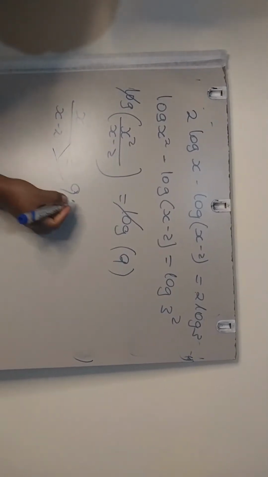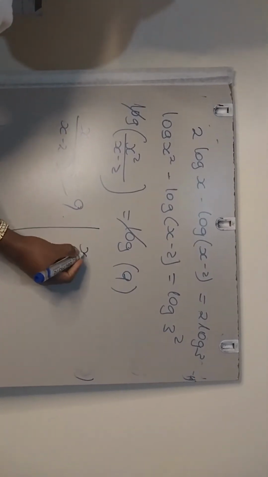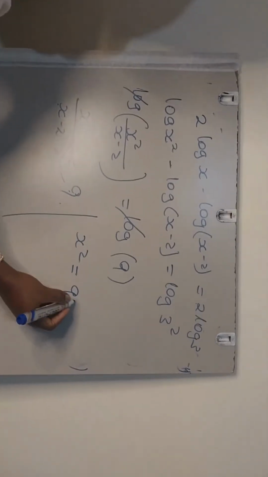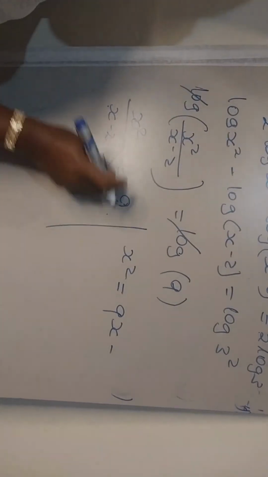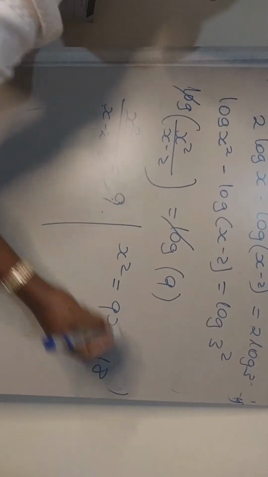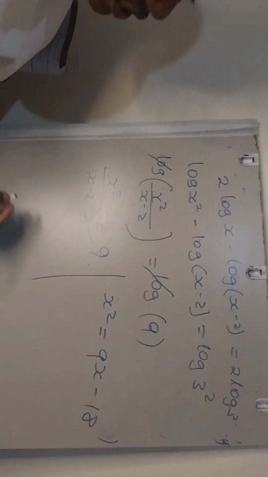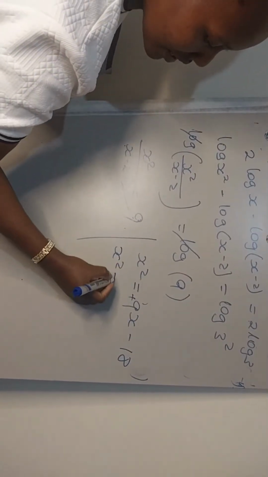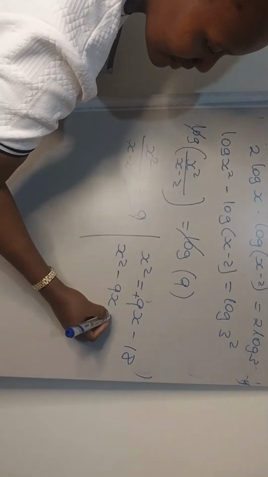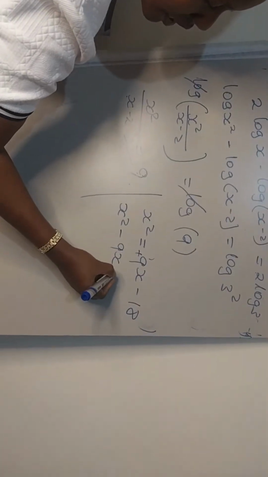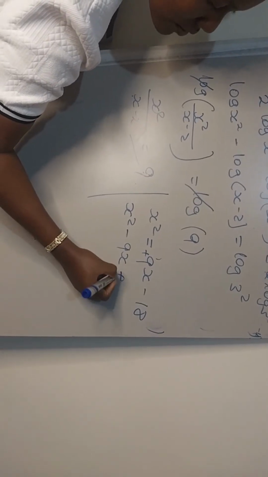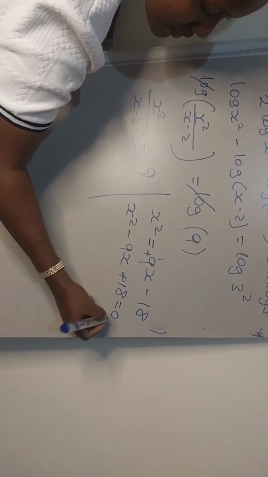Cross multiply, this gives us x squared is equals to 9 times x gives us 9x minus 9 times 2 gives us 18. Another quadratic equation. X squared, minus 9x once it crosses the equal sign, and then minus 18 once it crosses the equal sign becomes plus 18 is equals to 0.